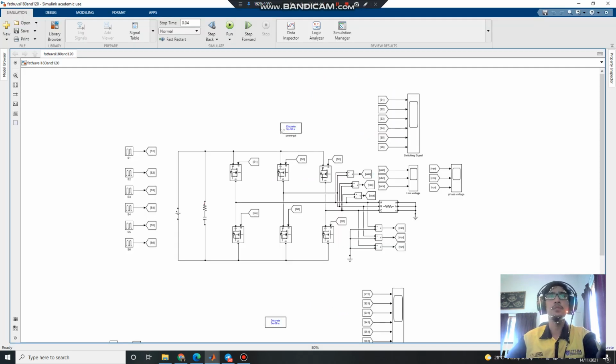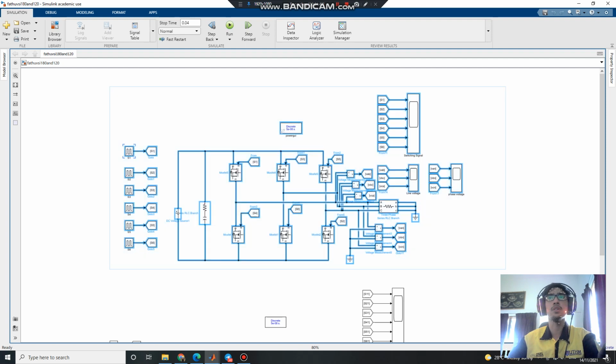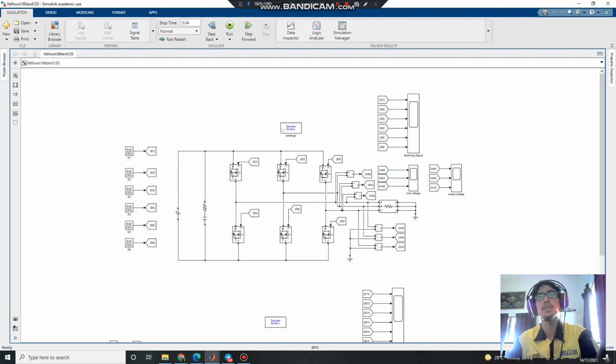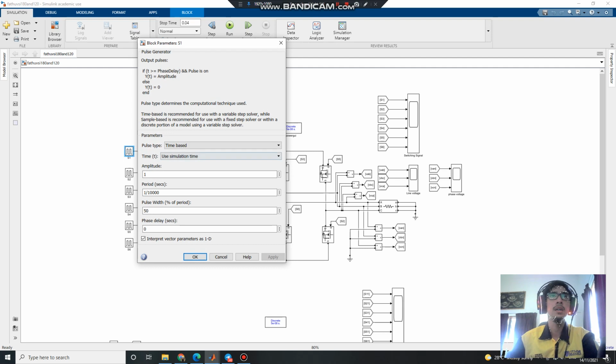The first one is the simulation of this circuit for 180 degrees. Firstly, I show the settings.